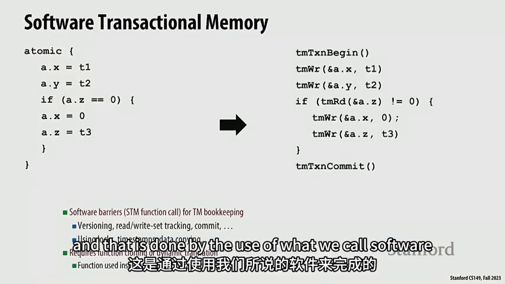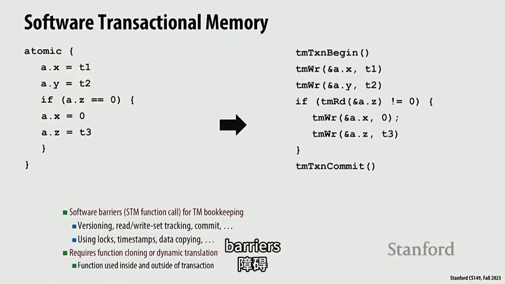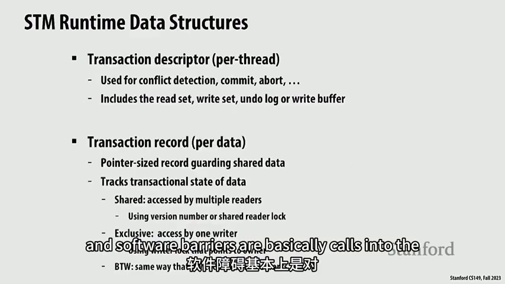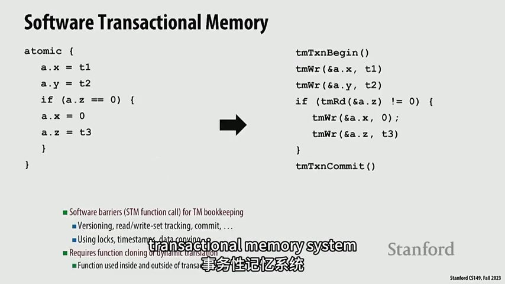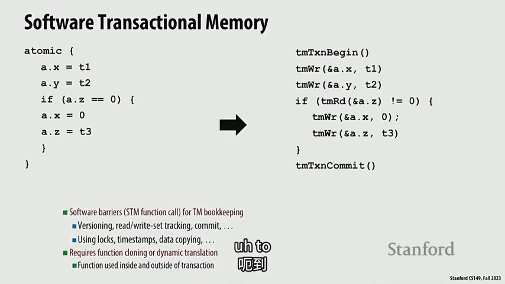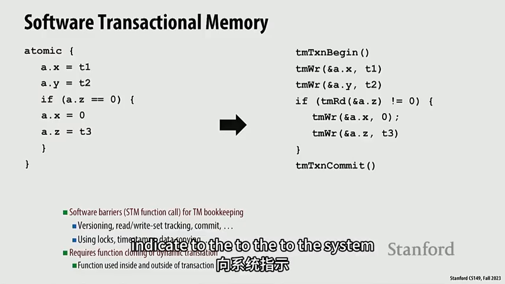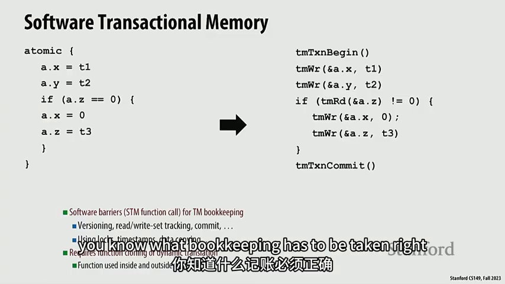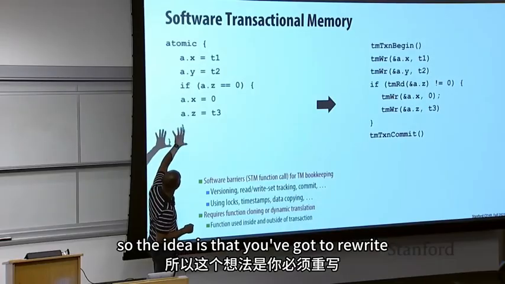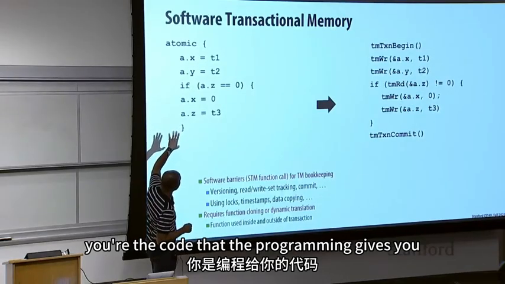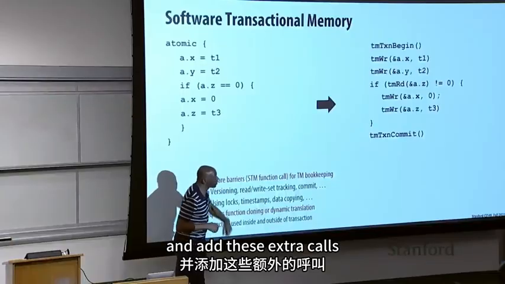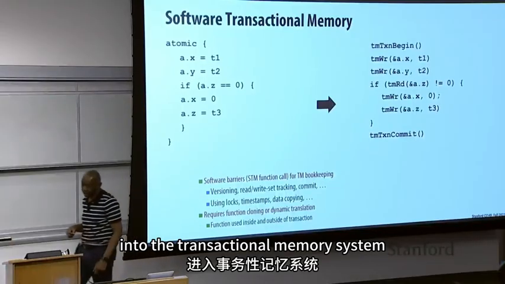That is done by the use of what we call software barriers. Software barriers are basically calls into the transactional memory system to indicate to the system what bookkeeping has to be done, right? So the idea is that you've got to rewrite the code that the programmer gives you and add these extra calls into the transactional memory system.